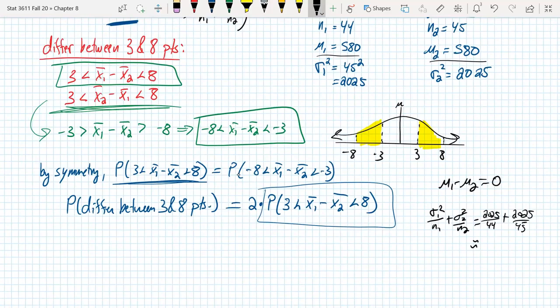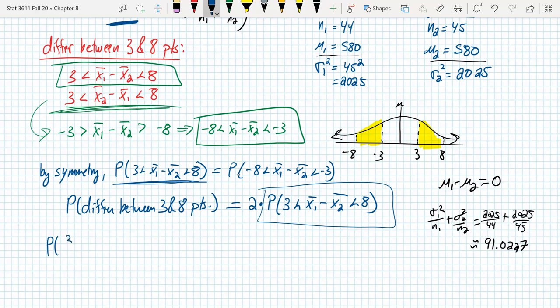So let's do this in the calculator. 2025 divided by 44 plus 2025 divided by 45. So that variance is approximately 91.0227. All right. So the probability, then let's start converting this here.